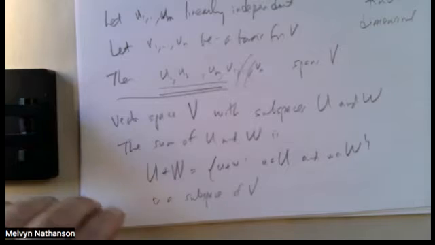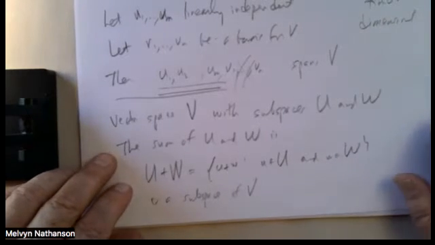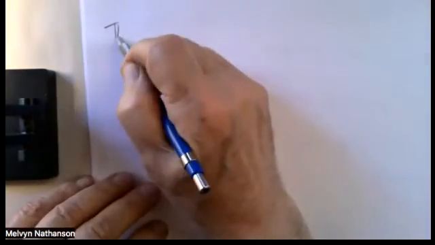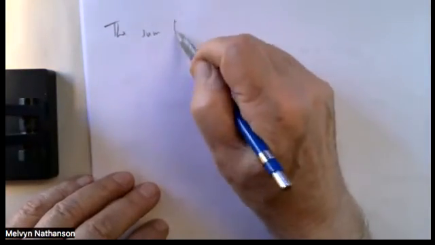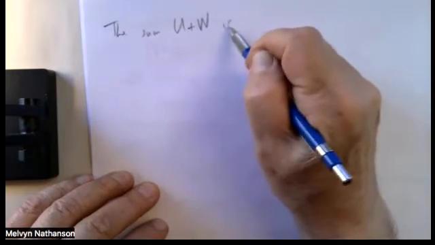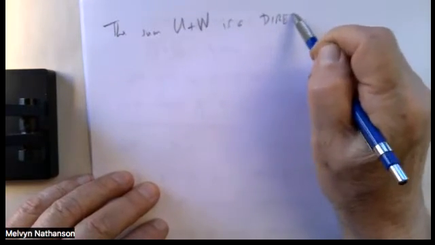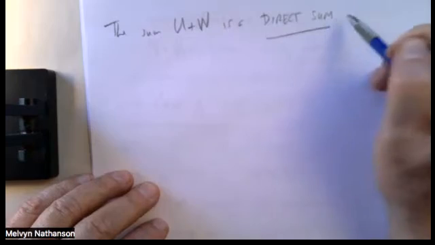The sum of two subspaces U plus W is called a direct sum if, there are two equivalent definitions of this. Write it down first.